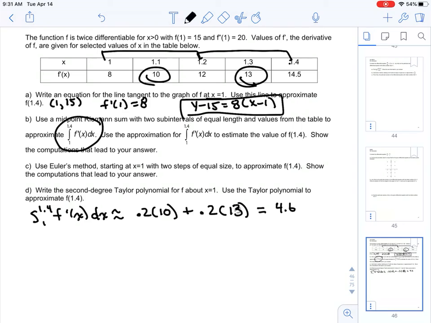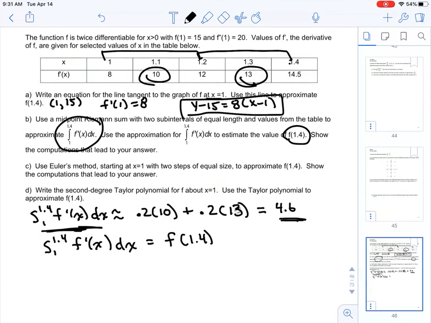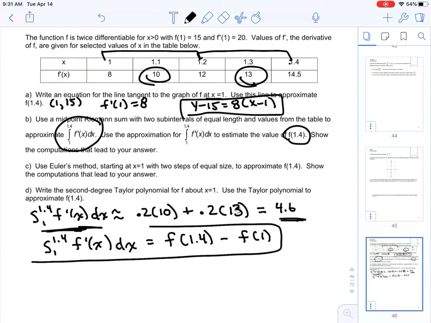Okay. Then it says, use the approximation that we figured out for this. So we figured out this value is approximately 4.6 to estimate the value of f of 1.4. So let's think about what f of 1.4 is. Since you don't have an equation, you can't take the antiderivative of the equation, but the antiderivative of f prime is f. We would do f of 1.4 minus f of 1. So this is what you want to start with.